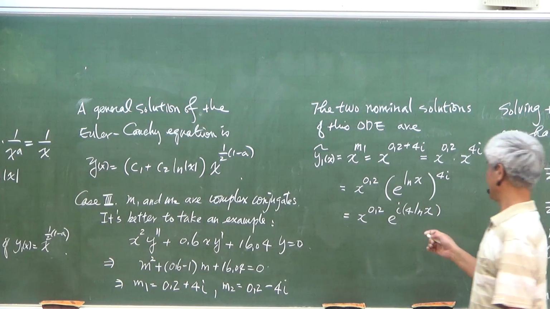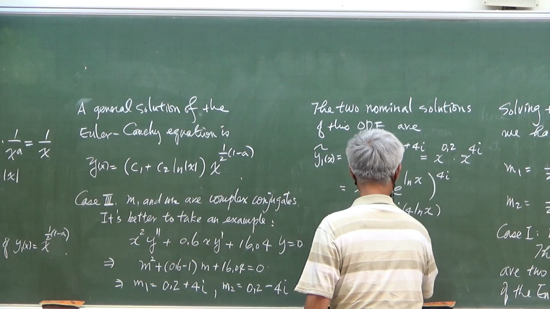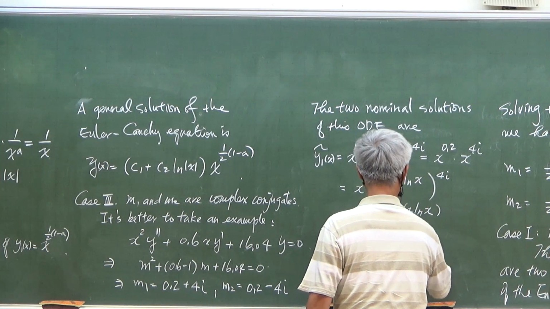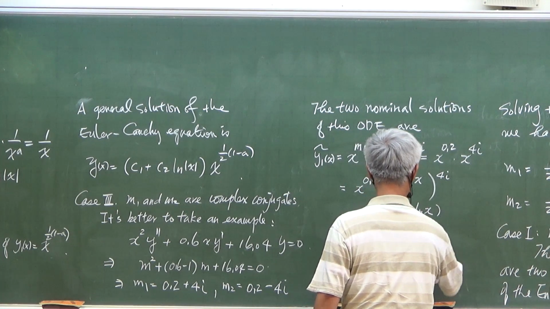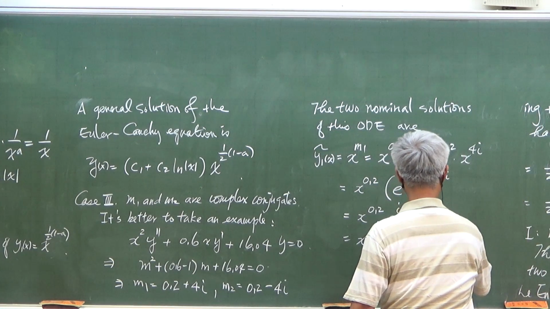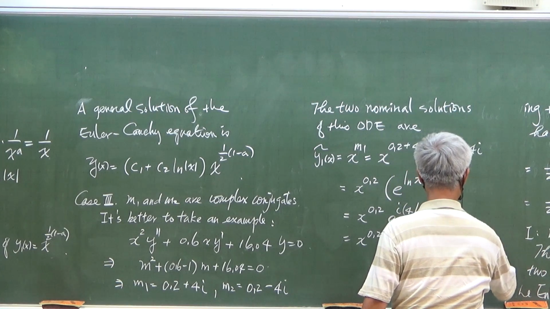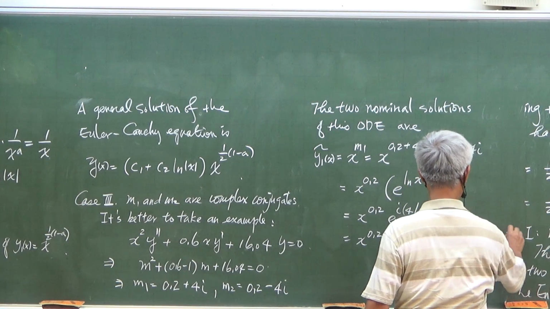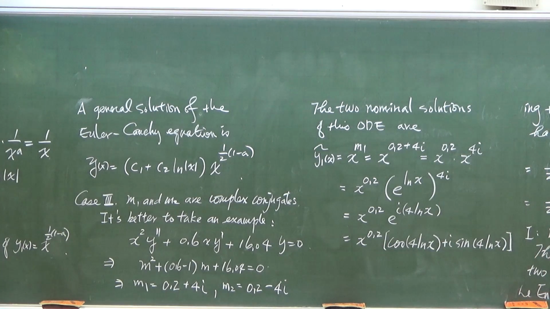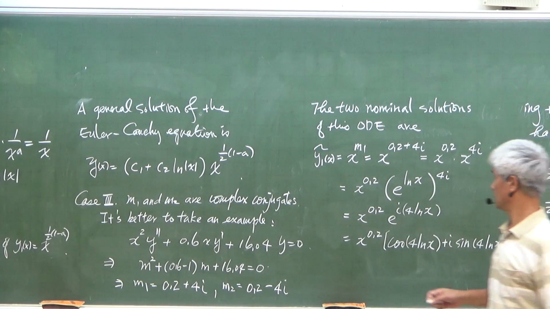So this is equal to x to the 0.2 times cosine of 4 ln x plus i sine of 4 ln x. So we have the real part and the imaginary part.